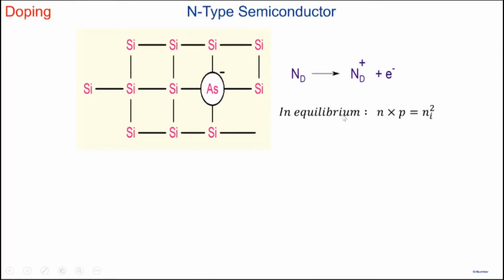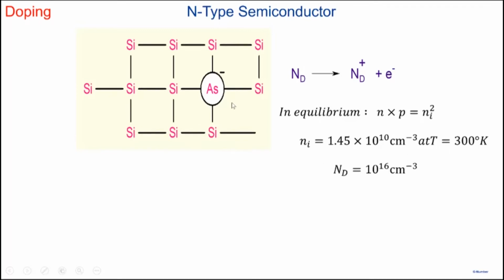And in equilibrium in semiconductors, we have this relationship that the number of electrons multiplied by the number of holes is a constant equal to ni squared, and ni squared is a constant at a particular temperature. So for silicon, ni is 1.45 times 10 to the power 10 per centimeter cube at room temperature, T equal to 300 Kelvin.